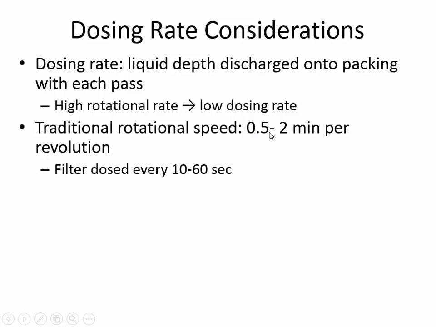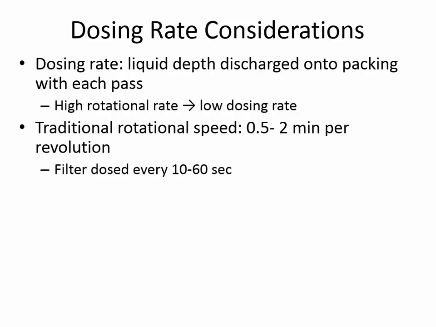That's the typical thing, to have the arm rotating so that you have a revolution every half minute to every 2 minutes. And so if there are 4 arms on it, that would mean you're getting the rock wetted 1/4 as frequently as the total transit time for 1 revolution.